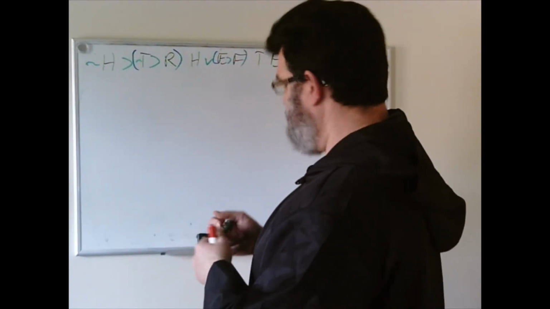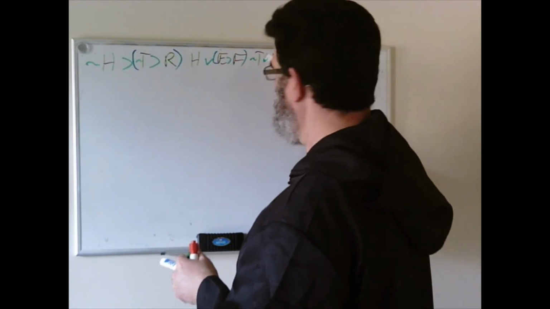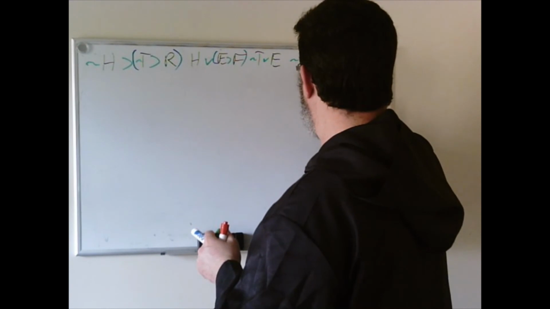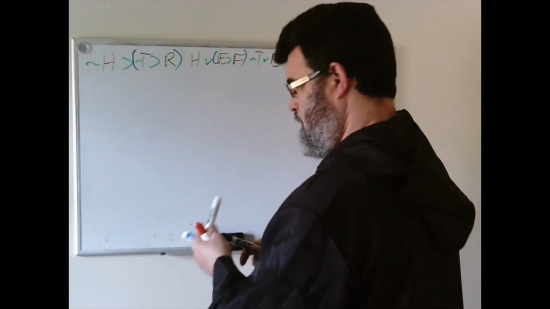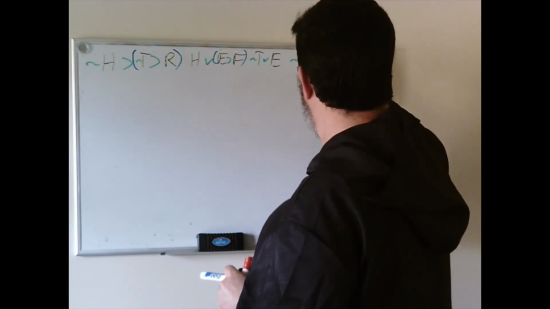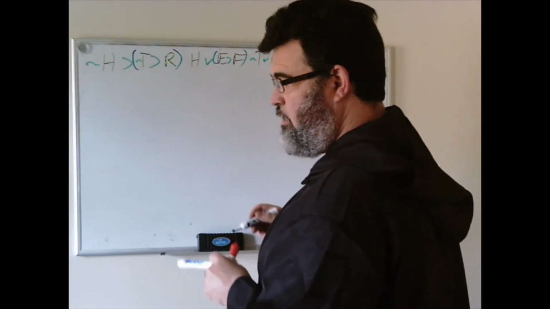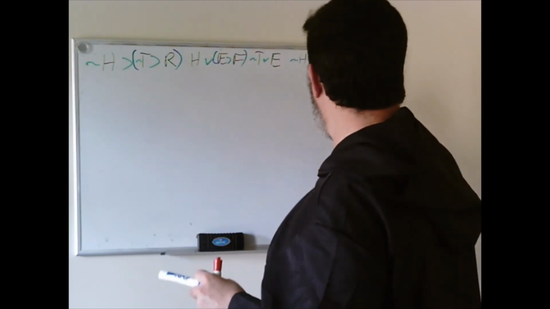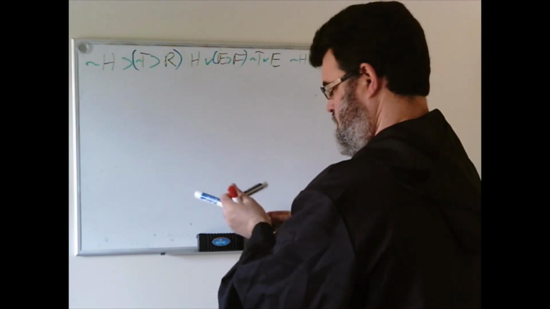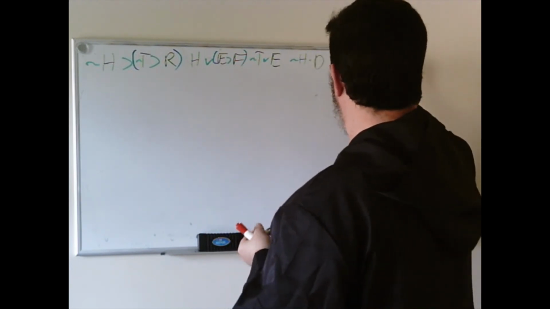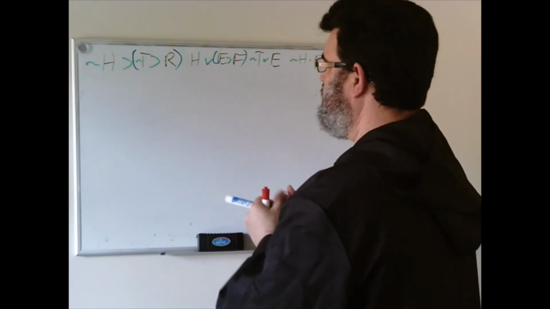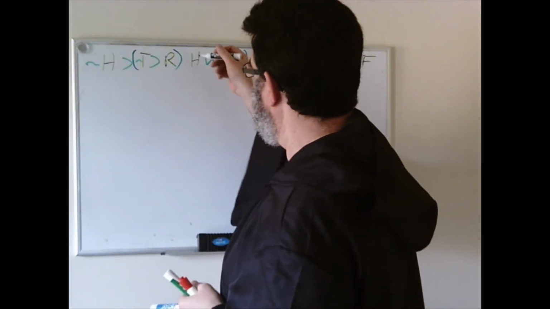Okay, so that's not T or E. Then the fourth premise is that not H and D. And the conclusion is R or F. Okay, so now let me put my premise lines in here, right?